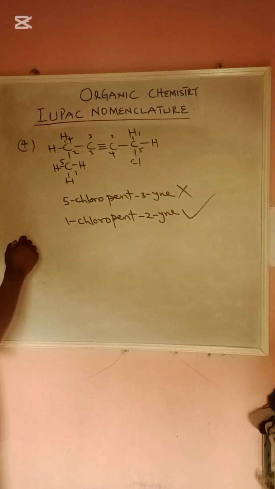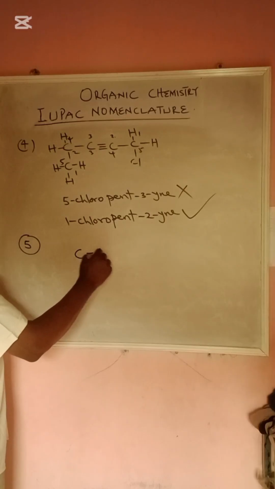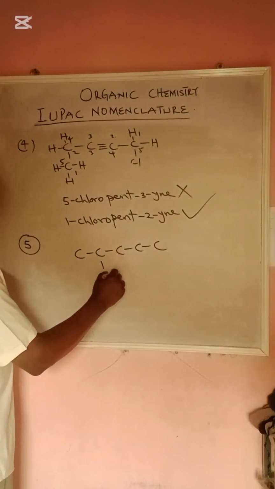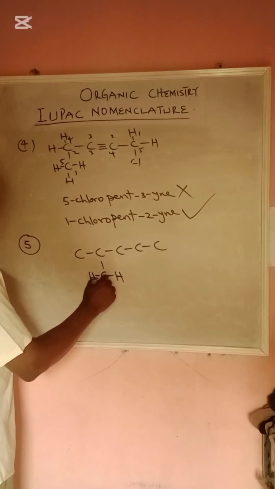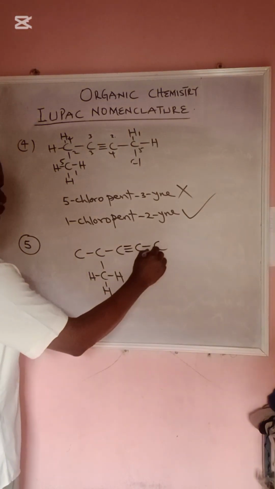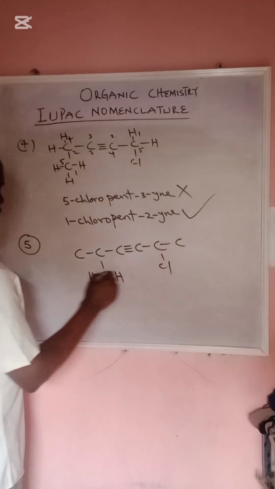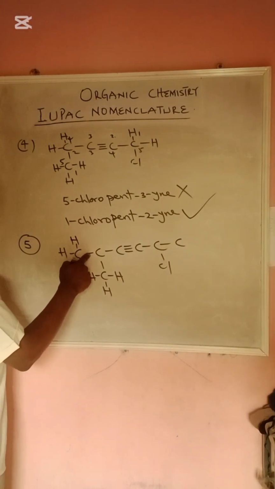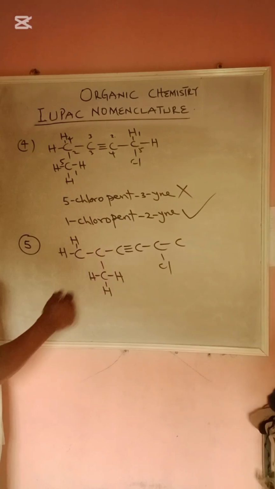Take note of that. The last example I'll give you here. 1, 2, 3, 4, 5. We have a methyl here. You have chlorine here. 1, 2, 3.